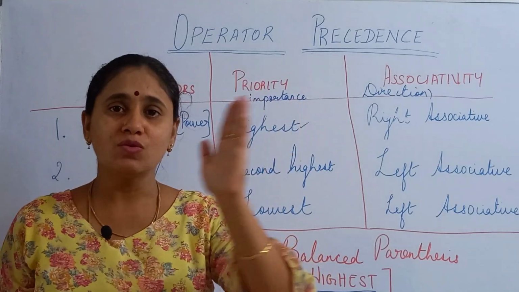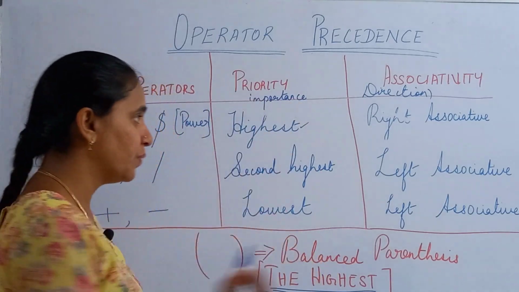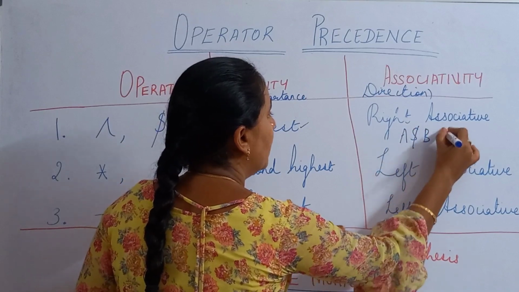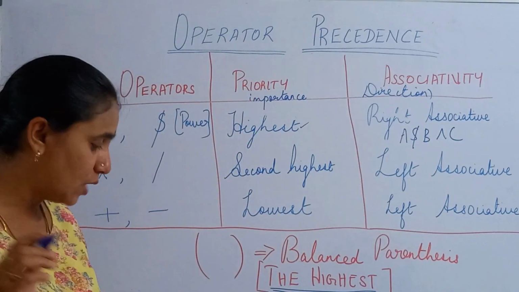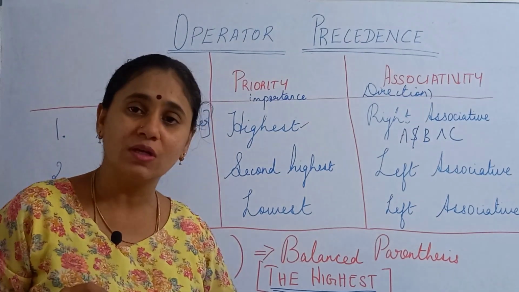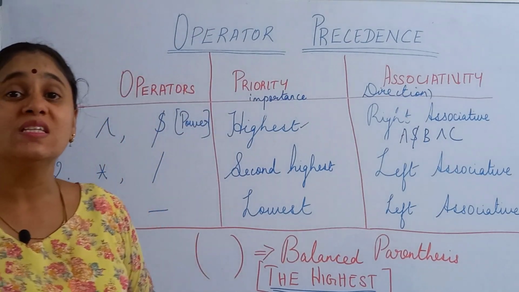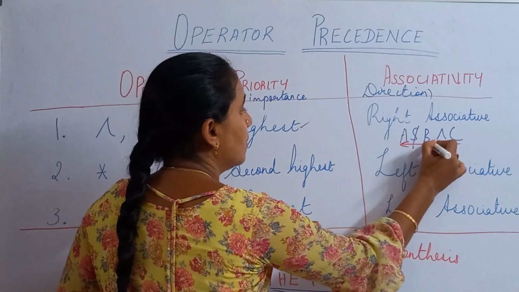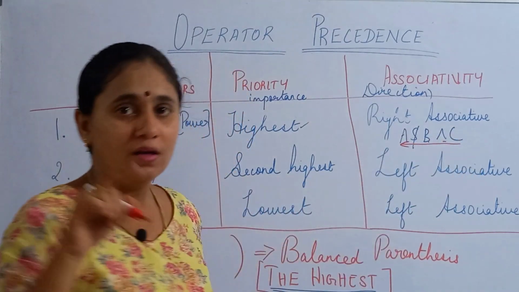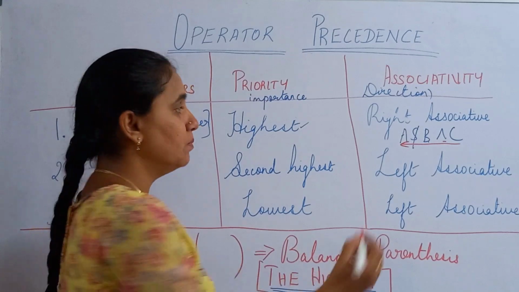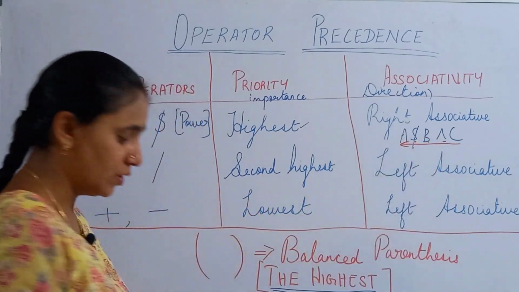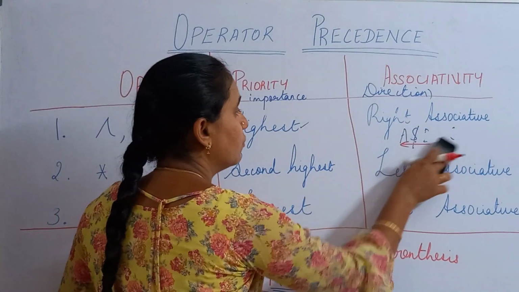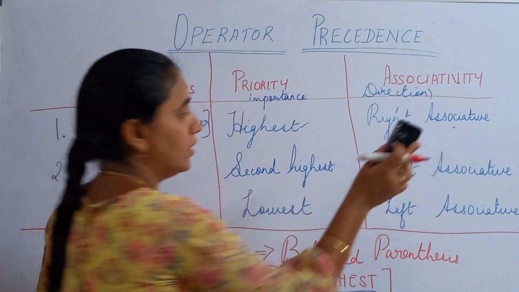Right associative, for example, A $ B power C. If you have been given this type of example, you should solve it towards the right side. So first you complete this exponent and then you complete this dollar exponent. So towards the right you should solve this expression.